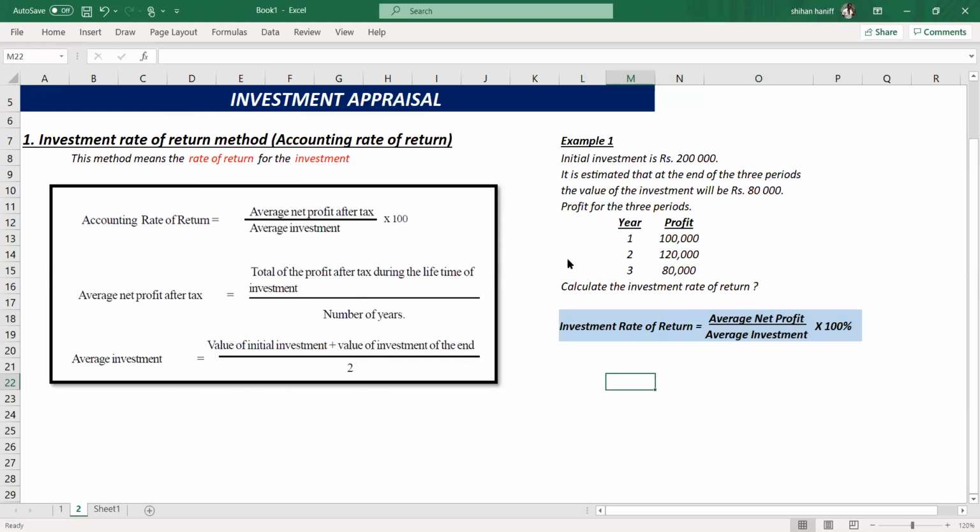Average net profit. What is the answer? I didn't get the answer.